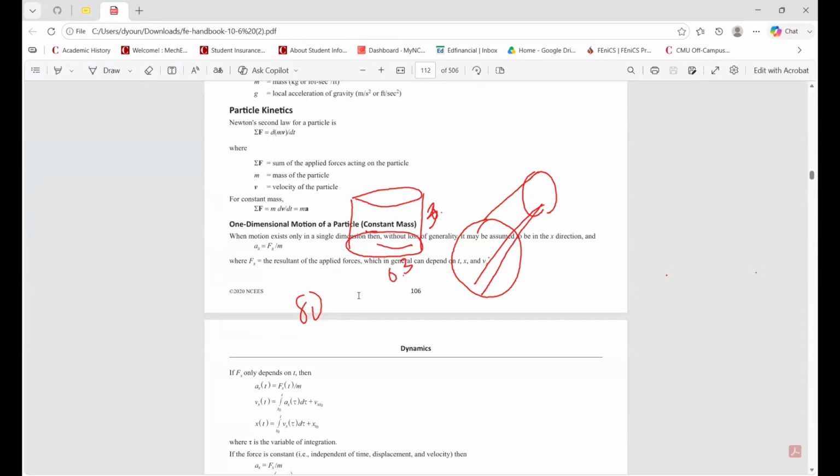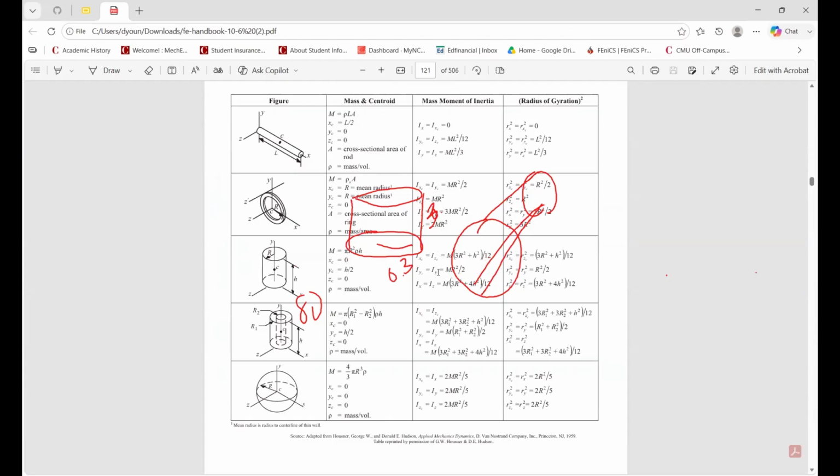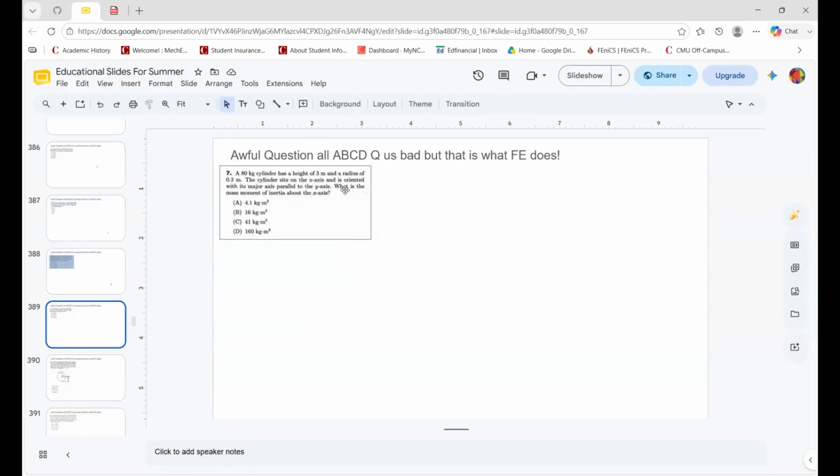Okay, so you go down over here to a cylinder. You're just doing this one, I believe. And it asks for what is the mass inertia in the x-axis. So it's oriented, it says to y. Oh, so it's actually like this along the x-axis.